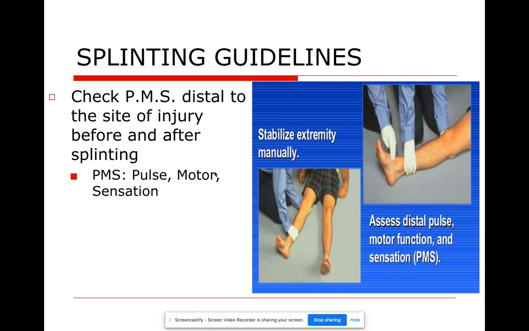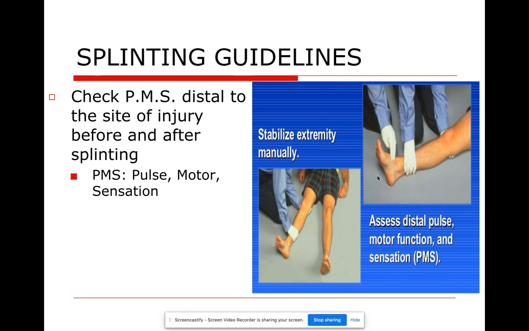Then you want to check their motor and sensation. In this injury, I would just tell them, can you wiggle your toes? So motor being, can they move? And then sensation, I would just rub their toe a little bit. It's kind of weird, but you rub their foot, and ask, can you feel that? And if they say yes, then cool. If they say no, you want to note that and let the paramedics know or the doctor know, whoever is going to the next step.